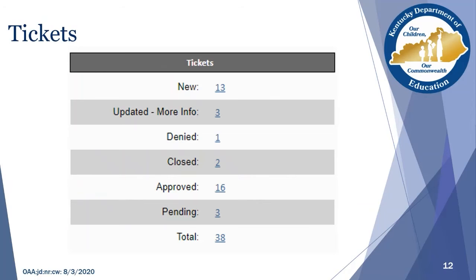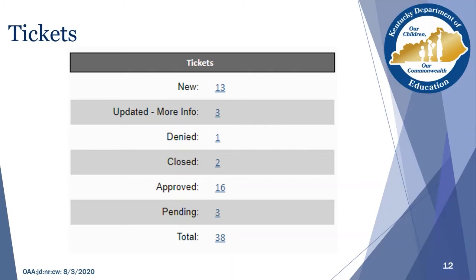Tickets. When you look at tickets, there's going to be lots of things on here. You'll be able to see any new tickets that have been submitted. Now, let's talk about what a school level person is going to see. If I'm a building assessment coordinator, that's our school level users, they're only going to see their particular school and their data for their schools.